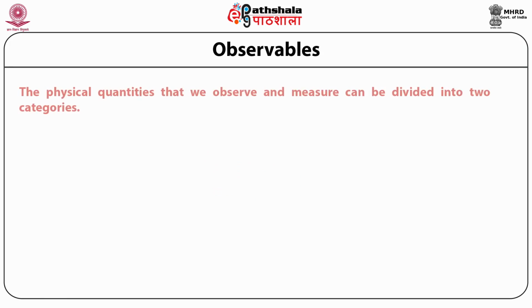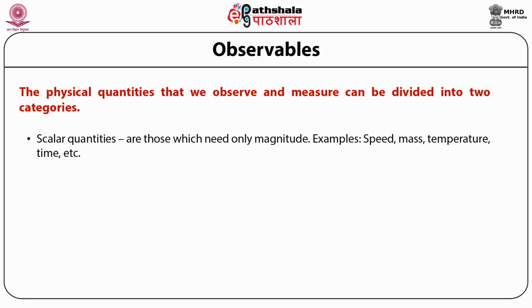Observables. The physical quantities that we observe and measure can be divided into two main categories. The first one is scalar quantities. Scalar quantities are those which need only magnitude to describe them.